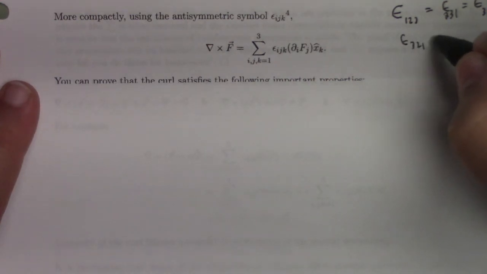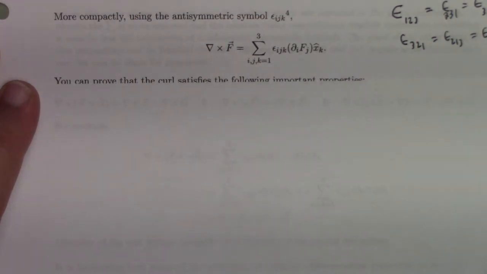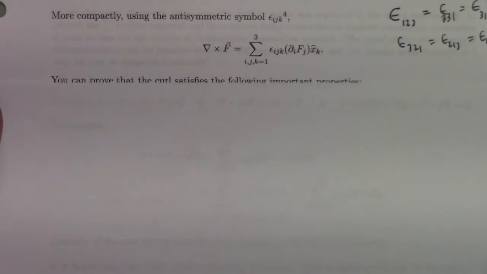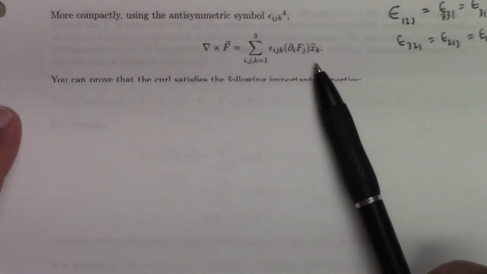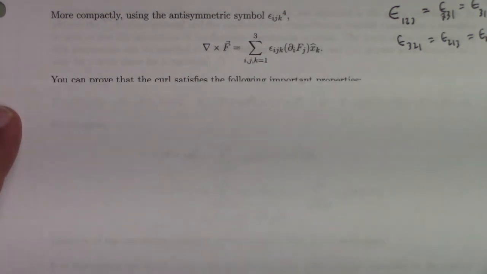Epsilon 3, 2, 1 equals epsilon 2, 1, 3 equals epsilon 1, 3, 2 equals minus 1. All others 0. So that captures the 3 positive and the 3 negative terms implicit in the cross product elegantly, compactly, as that nice formula right there. And that's the partial derivative of the jth component function of the vector field with respect to the ith coordinate there.